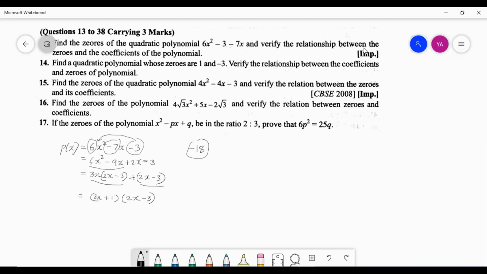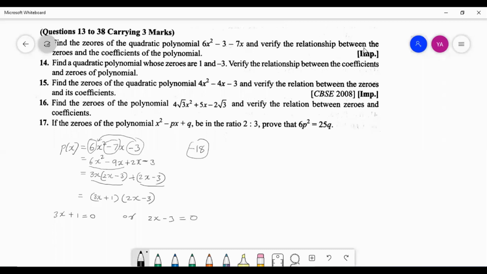Zeros means the values of x when p of x is equal to 0. So if p of x is equal to 0, it implies one of the terms, 3x plus 1 or 2x minus 3, is equal to 0. So in this case there are two chances: one is 3x plus 1 is equal to 0, or 2x minus 3 is equal to 0, for p of x to be 0. From these two equations you want to find the value of x.